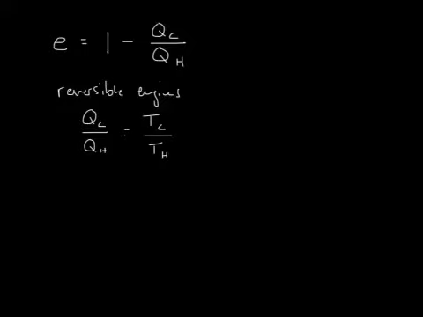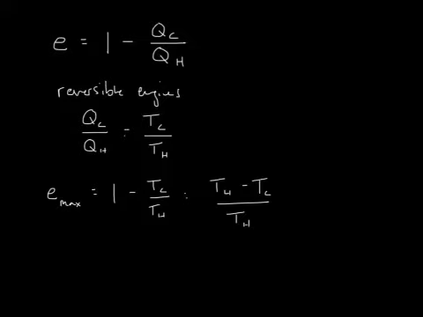So by substitution, we see that the maximum efficiency, the Carnot efficiency, the efficiency of a Carnot engine, would just be 1 minus TC over TH, which could also be written TH minus TC over TH.